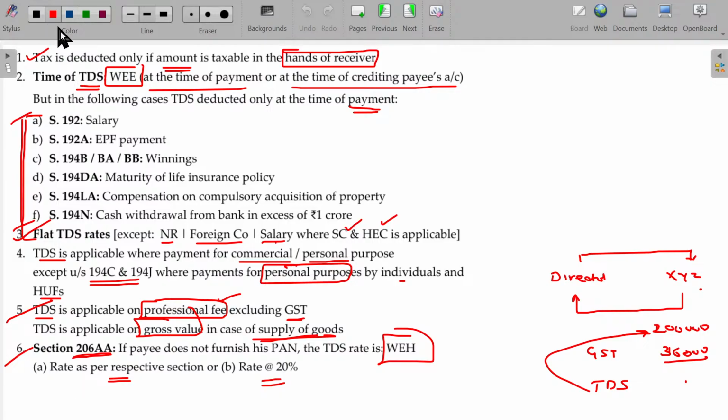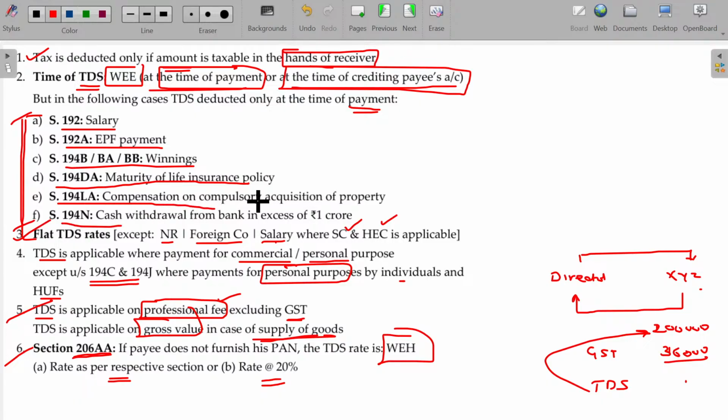See, TDS is payable at the time of actual payment or crediting to his account, whichever is earlier. But in case of 192 salary, 192A EPF payment, winnings, insurance maturity value, compensation on compulsory acquisition of land, assets, and cash withdrawal, it is at the time of payment.